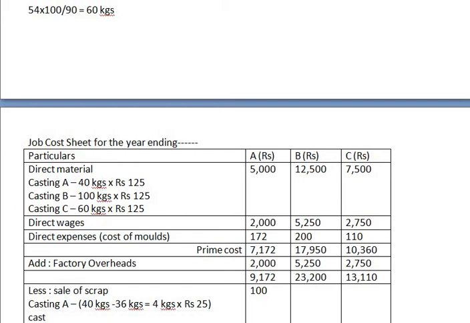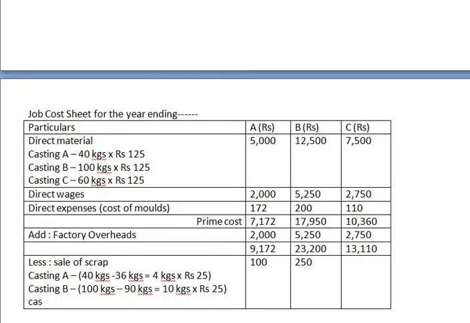For casting B, here it is 100 kgs minus 90 kgs, which will be equal to 10 kgs into rupees 25. So it is 250. Okay, yes.